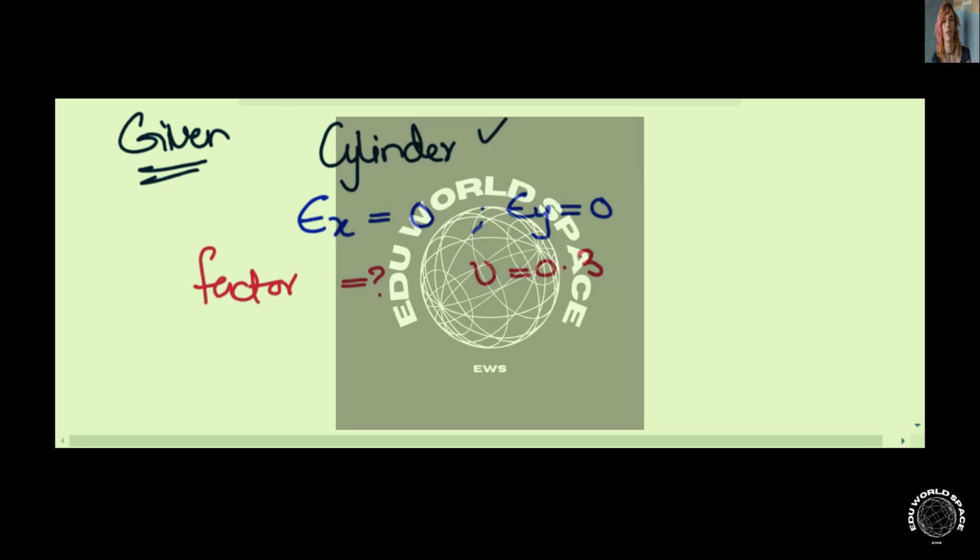So let's start with the solution. Now the solution is very simple. It's a little bit lengthy, but it's very easy. Now, as you can see, this question is a little ambiguous at first sight.